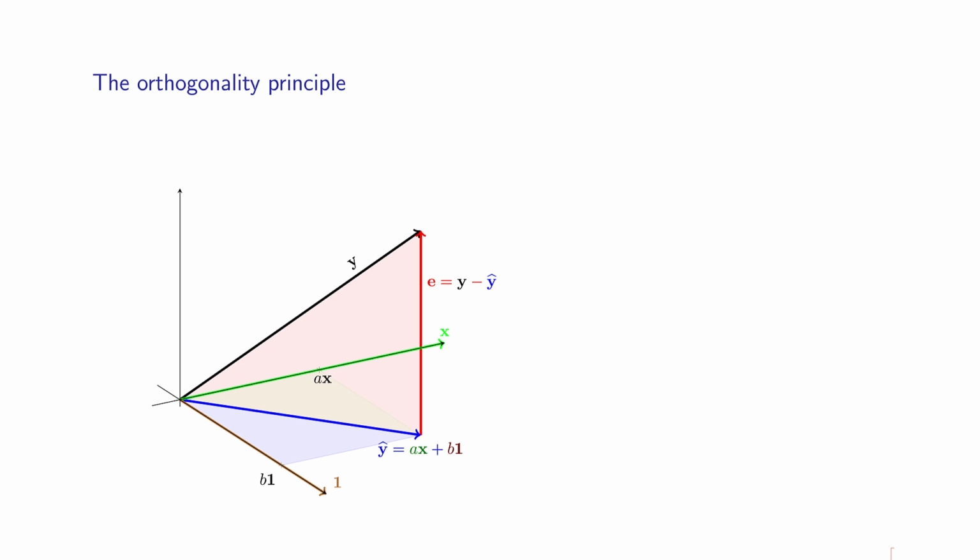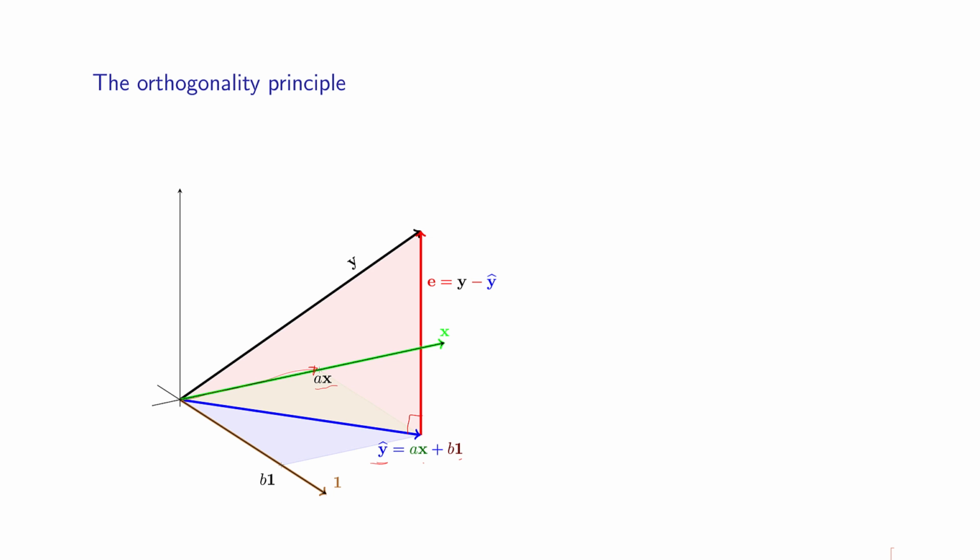This is your random variable x. If you multiply it by a constant, ax stays in the same direction, and if you multiply 1 by b, you stay in this direction, and your estimator y hat, or c, is ax plus b. So 1 and x are 2 vectors, and this red line, which is your error, is perpendicular to your green line and perpendicular to your brown line.